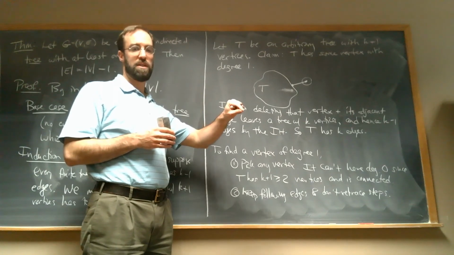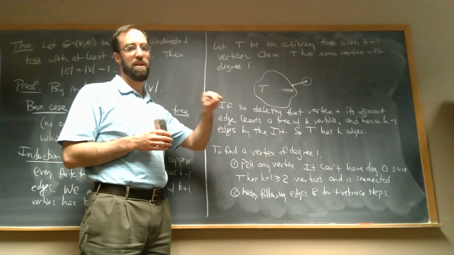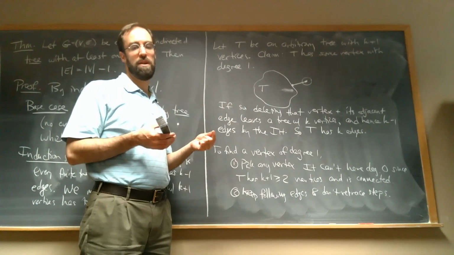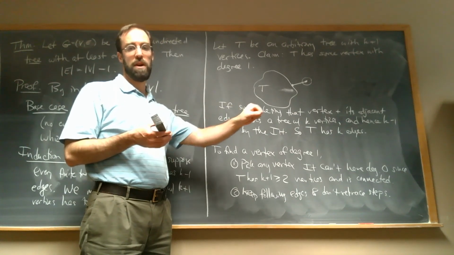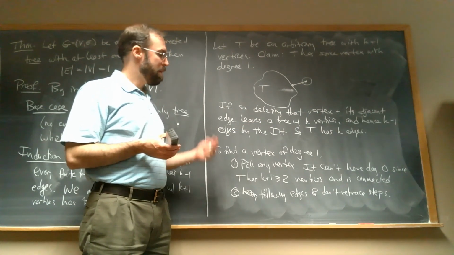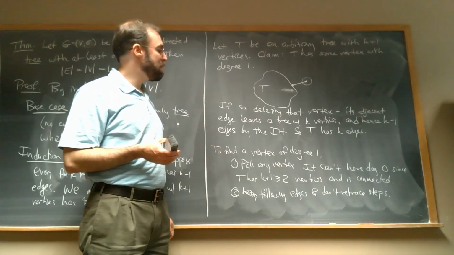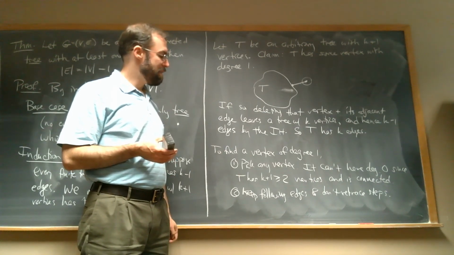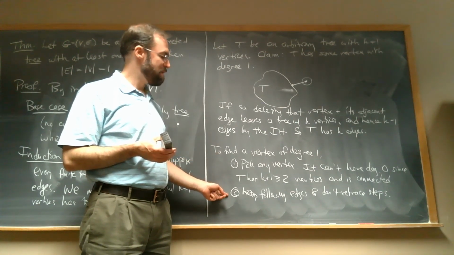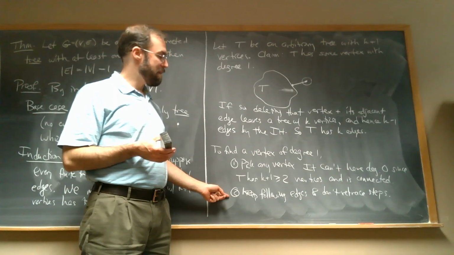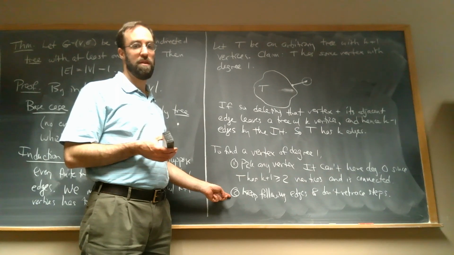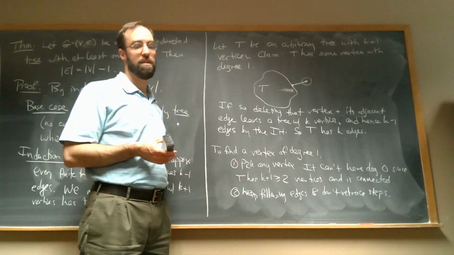That I get to a vertex with degree 1, and I can't go back along the way I came in. If I'm always at vertices of degree 2 or greater, then I'll always have a way to leave from where I came in. I'm not going to bother writing all of what I just said. But the argument is because it has no cycles, and because it's finite, right? This process will eventually reach a vertex of degree 1 that we can then delete to use our induction hypothesis.